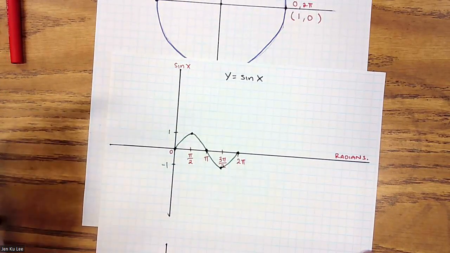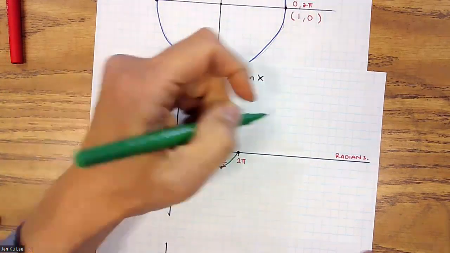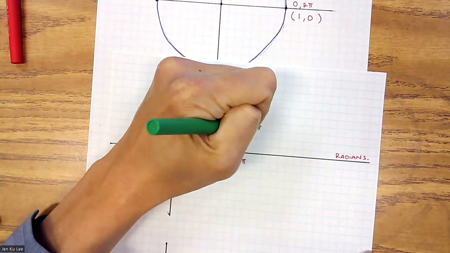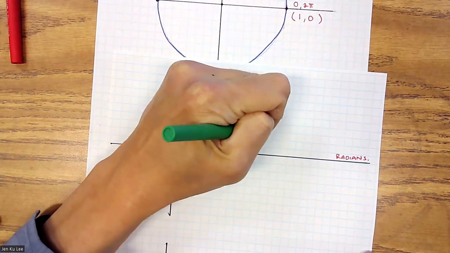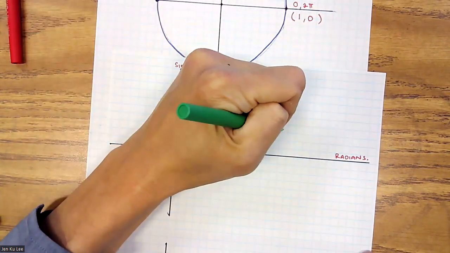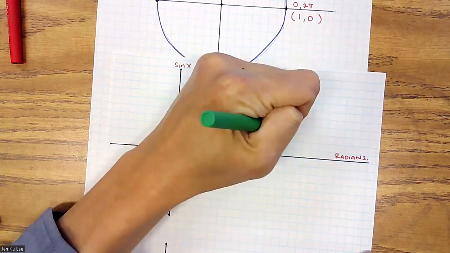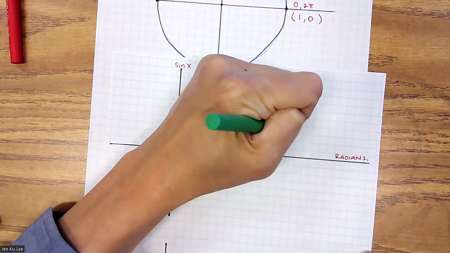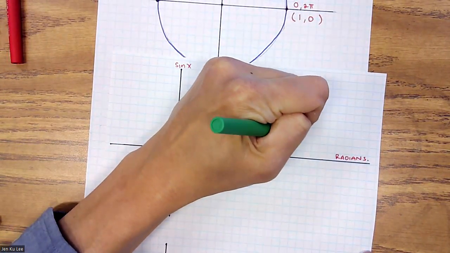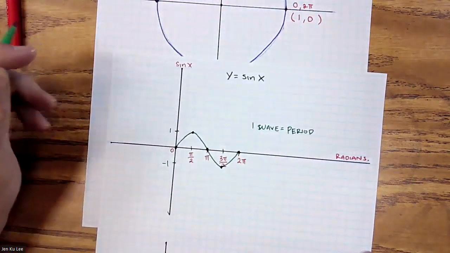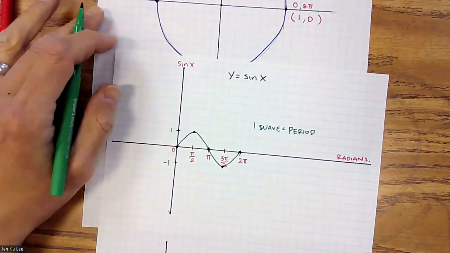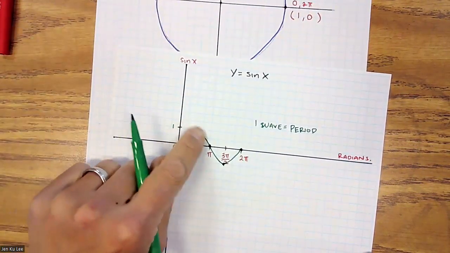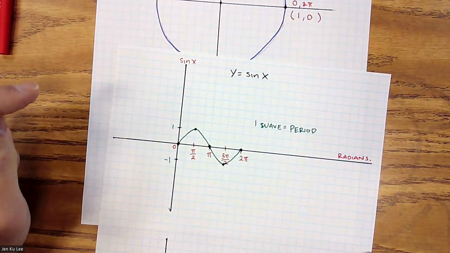That is one sine wave. When you have one wave, whatever the trig value is, that's going to be one period of sine. This sine wave is one period.